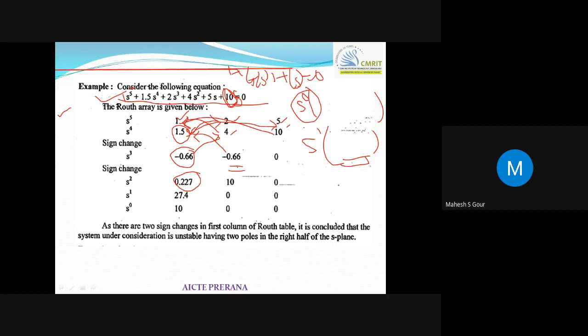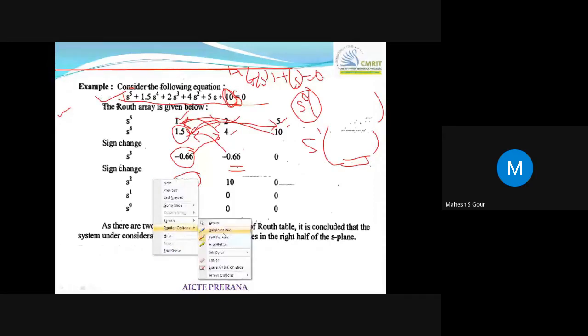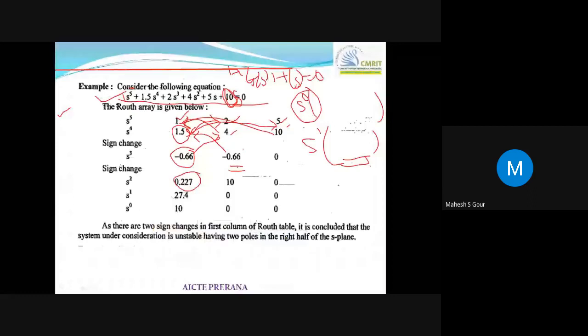Later you will see the number of sign changes. How many sign changes are there here? Plus 2 plus, no sign change. Plus 2 minus, there is one sign change here. Again, minus 2 plus, there is a sign change. So 2 sign changes. Again, plus 2 plus and plus 2 plus. So there are totally 2 sign changes. What does that indicate?